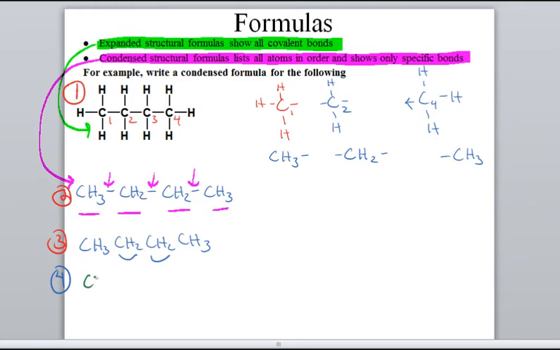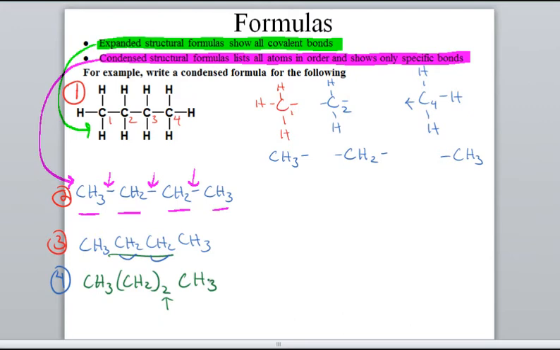We have CH3, then CH2, but there's 2 of them that repeat in a row, and you can put parentheses around the repeating carbons and write how many are repeating. In this case, it's only 2, and that says the same thing as this structure up here. And we'd have to finish it off with our CH3 on the end. This is another way of saying this is butane.